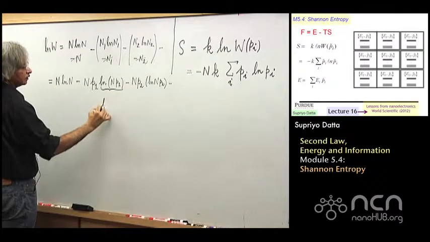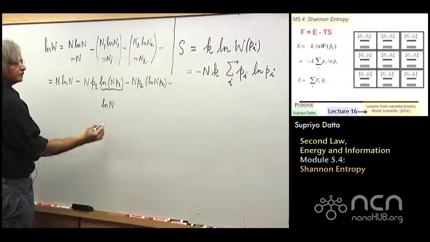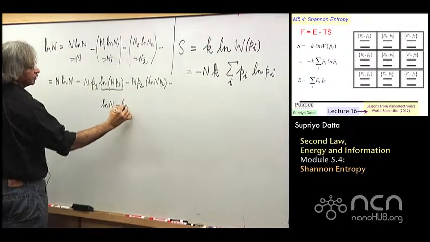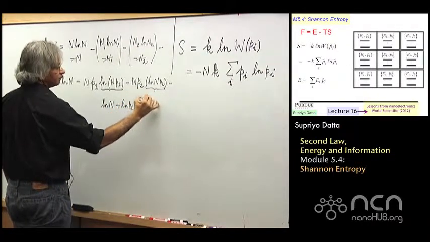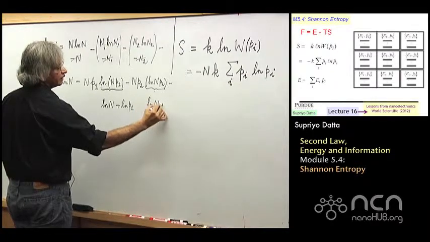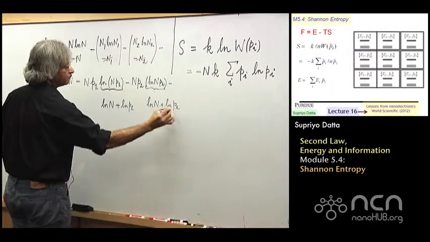So there would be a logarithm of n, and then there would be a part that would be logarithm of p1. Similarly, this will have a part that's logarithm of n, and then a part that's logarithm of p2.